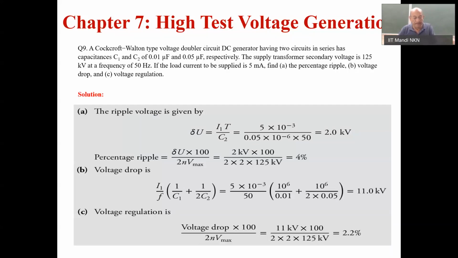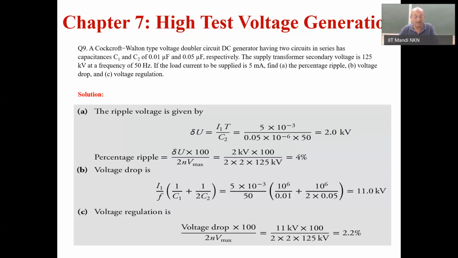So ripple is given in the form of delta U. That means the change in the voltage from the peak value, because ideally you should have a continuous peak value if there is no ripple, no potential drop across the smoothing capacitor.